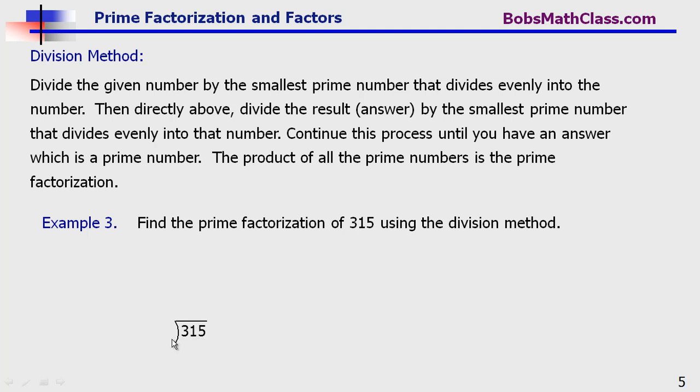The next prime number is 3. Does 3 divide evenly into 315? Yes, because if you add 3, 1, and 5, that adds to 9, and 3 divides evenly into 9. So 3 will divide evenly into this number. Now you might want to do that division on the side, but put your answer above this division box. So go ahead and divide, and you should get 105.